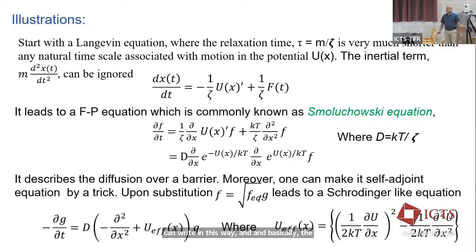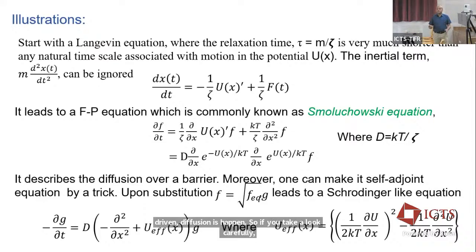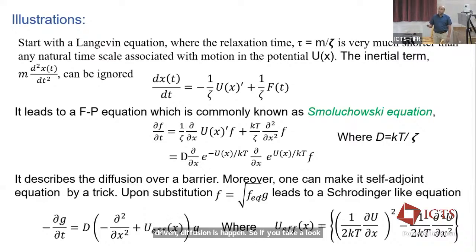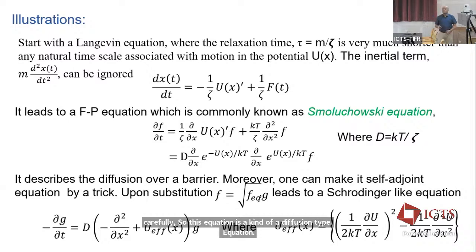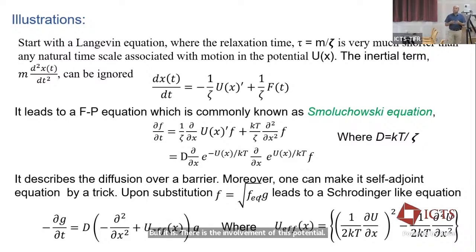One important thing that I want to mention regarding this Smoluchowski equation is that it is the simplest model where this kind of driven diffusion is happening. If you look carefully, this equation is a diffusion type equation, but with the involvement of this potential. Suppose you are going to solve a problem where diffusion over a barrier is happening.